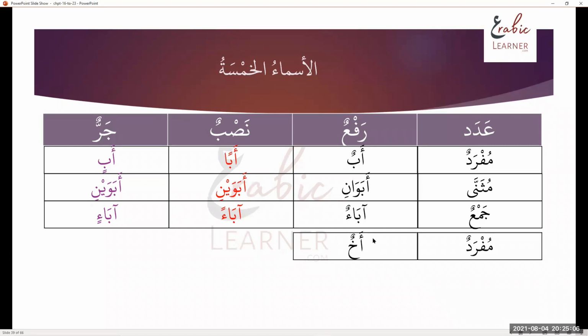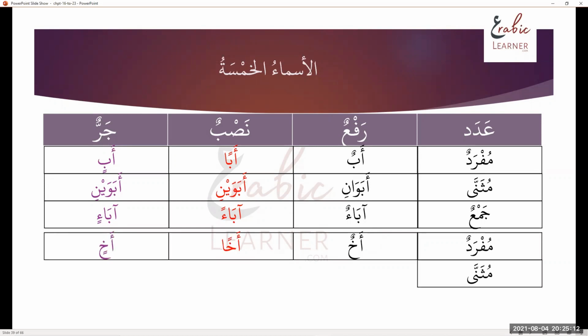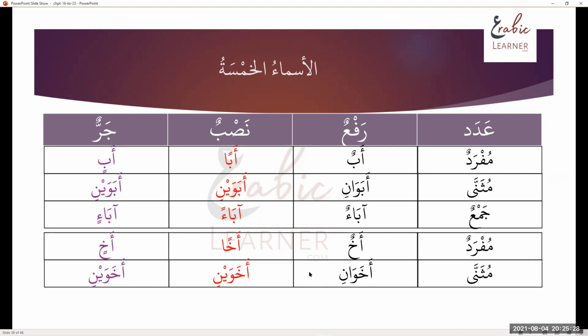Now let's do the example for another Asma'ul Khamsa. Akhun, akhan, akhin. What is the musanna for akhun? Yes. Akhawani, akhawaini.